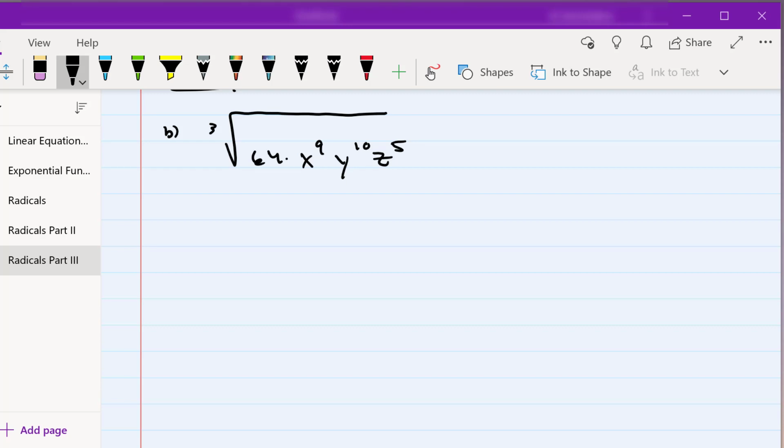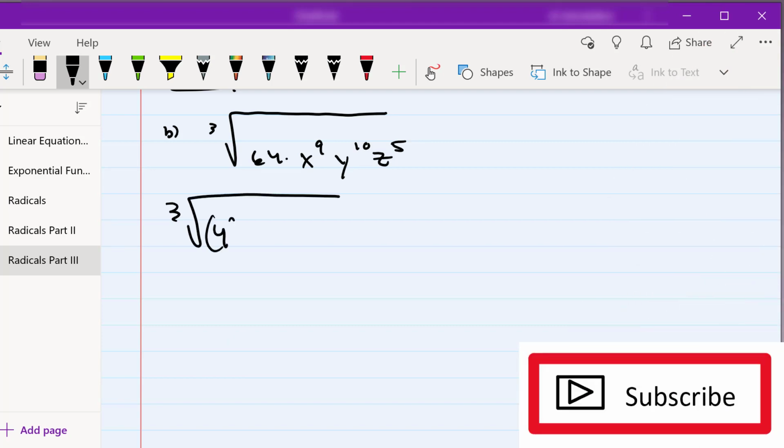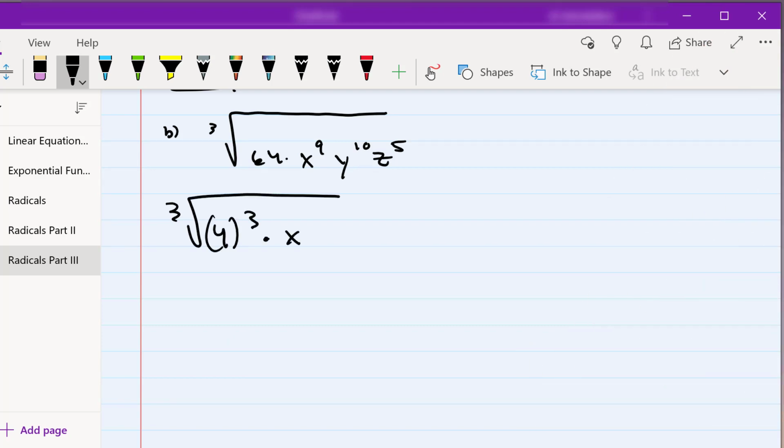We can rewrite this as the cubed root of 4 cubed multiplied by x cubed cubed multiplied by y cubed cubed will give us y to the 9, but we still have one y left over to give us y to the 10 multiplied by z cubed times z squared.